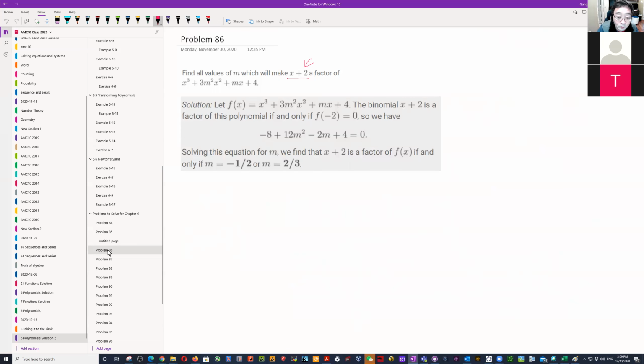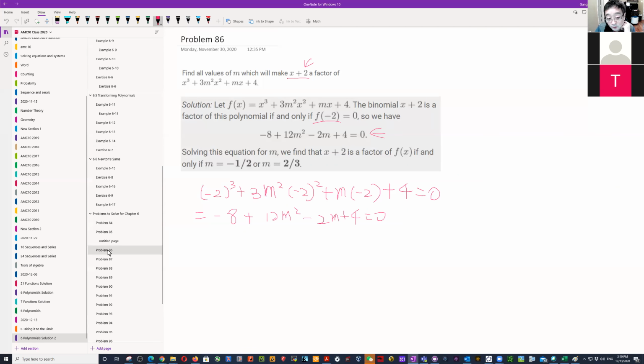So basically this is negative 8 plus 12m squared minus 2m plus 4, equal to 0. So this is where this comes from. This will be a factor only at -2, when x equals -2, the whole thing will be 0.